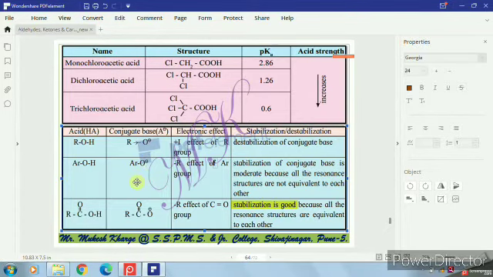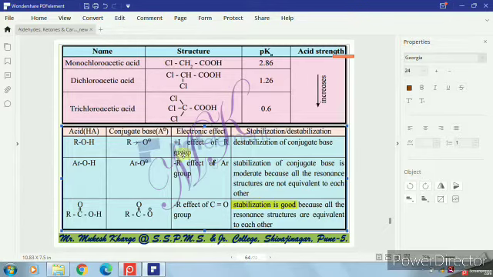So the negative charge gets transferred to the benzene ring, and you can shift this negative charge from oxygen to the ortho and para positions of that benzene carbon. That stabilizes the phenoxide ion, the conjugate base, moderately, because all resonance structures are not equivalent to each other. You can check the resonating structures of the phenoxide ion from the phenol topic.